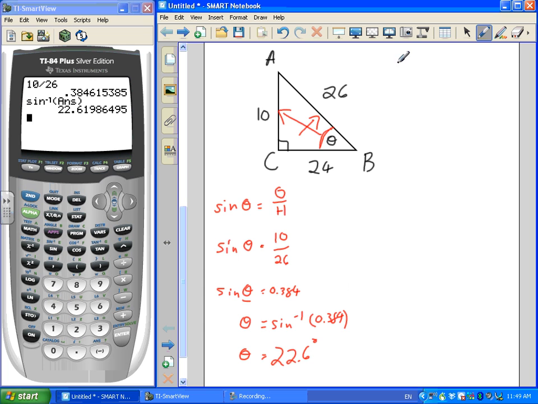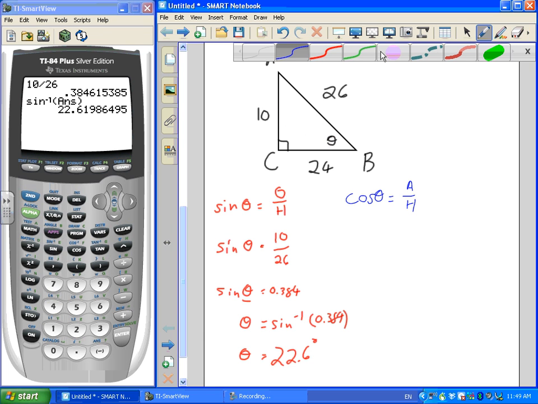You know what? I don't know if I trust my sine ratio. So, cosine theta is equal to what? Adjacent over hypotenuse. Now, I'm just going to get rid of the red in here.